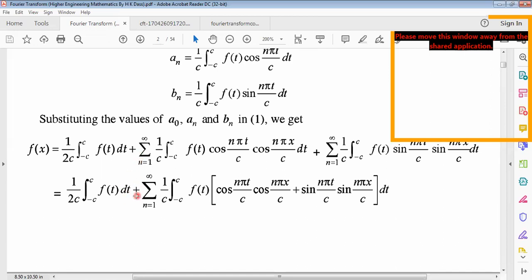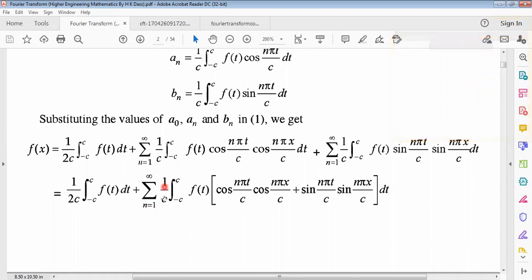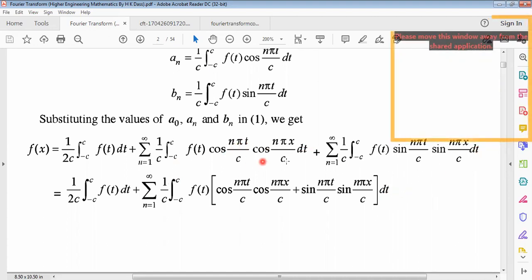Now plus summation n equals 1 to infinity, 1 by c, with integral limits minus c to plus c of f of t. Here f of t is common from these two terms, and the summation n equals 1 to infinity, 1 by c and the integral are also common, that means dt is common.